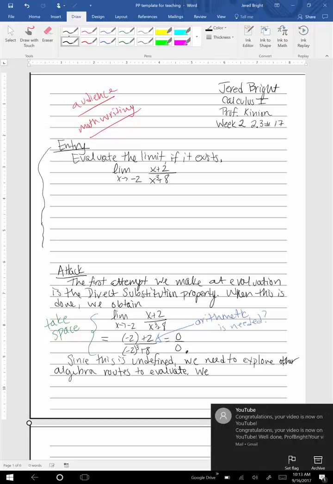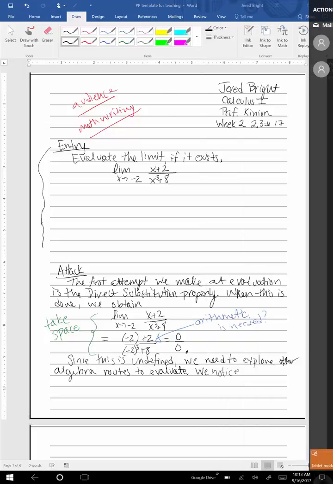We notice that the denominator factors. And let me get rid of that.